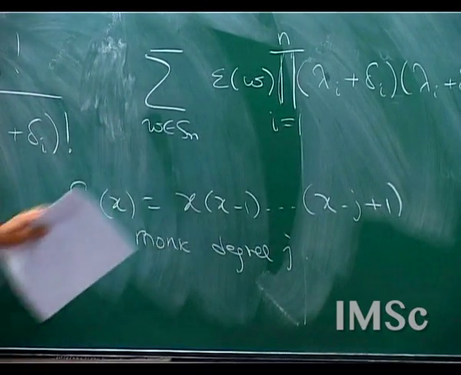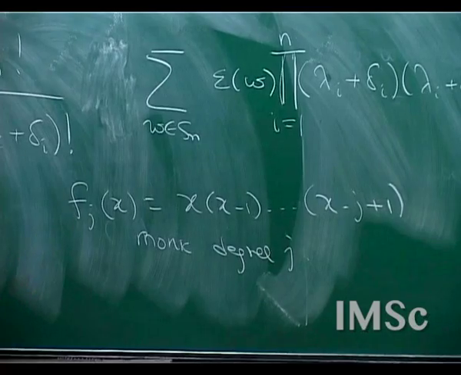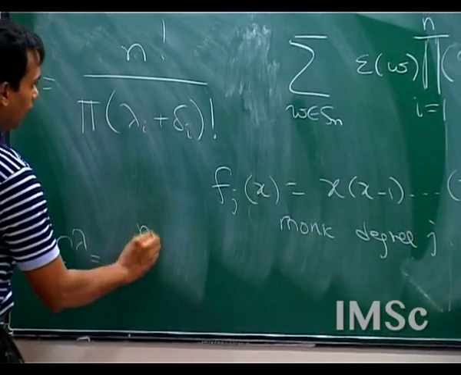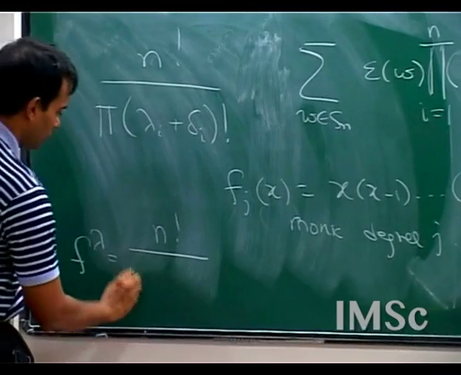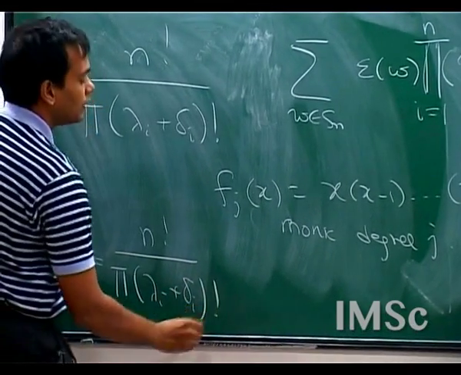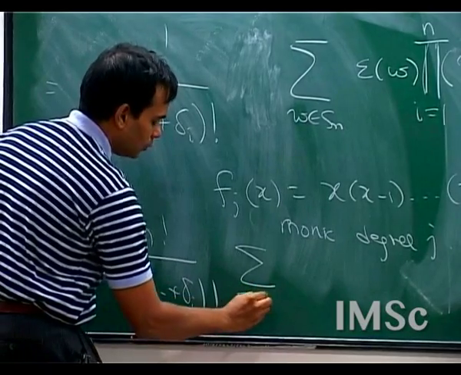And what we really have here is that f lambda is equal to n factorial over the product of lambda I plus delta I factorial, times the sum over w in Sn.